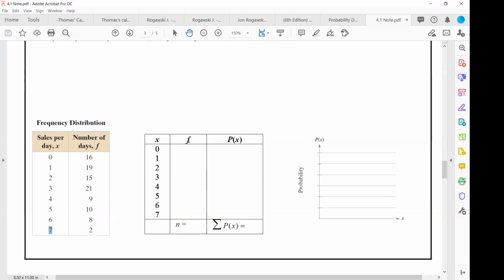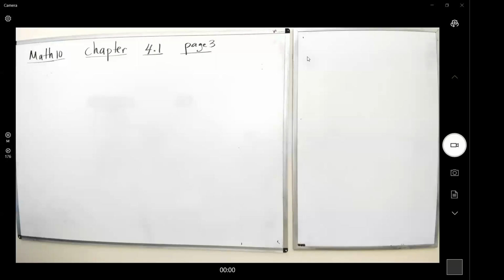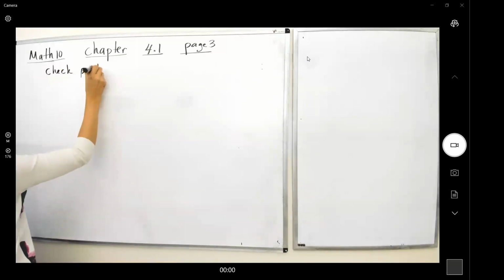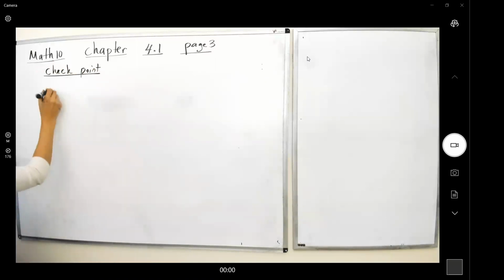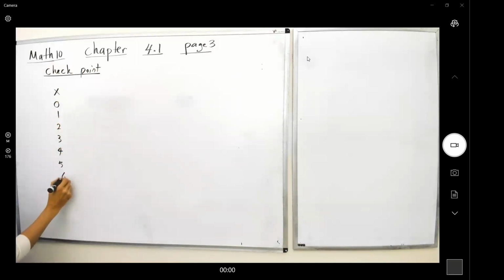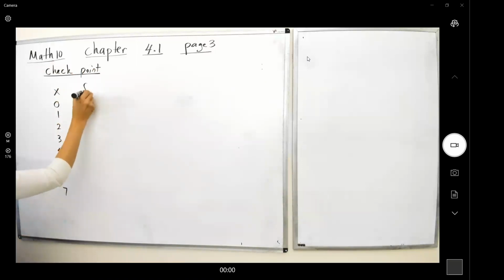Okay, you have the frequency for each of the X values. You need to construct the probability for each of the X values. Let me write down the question here for you, the checkpoint. We have the number of sales X: 0, 1, 2, 3, 4, 5, 6, 7, and we have the frequency.